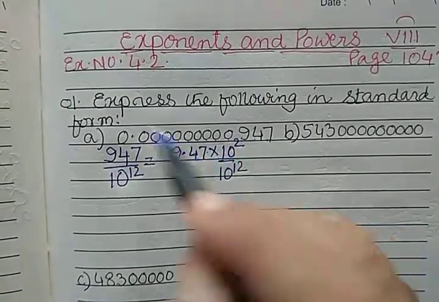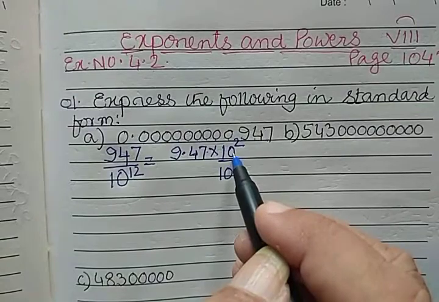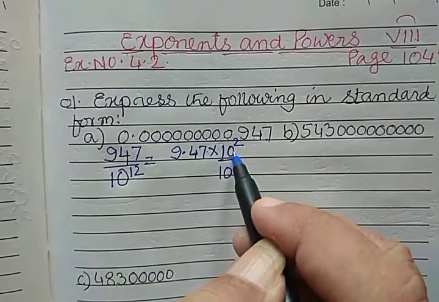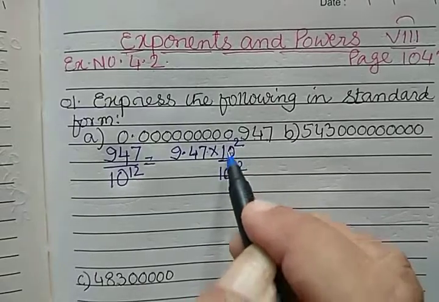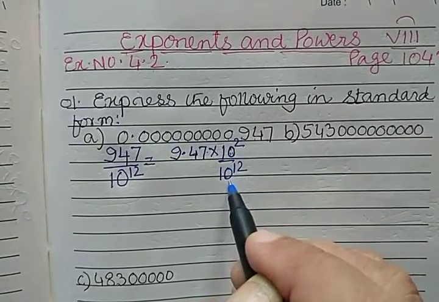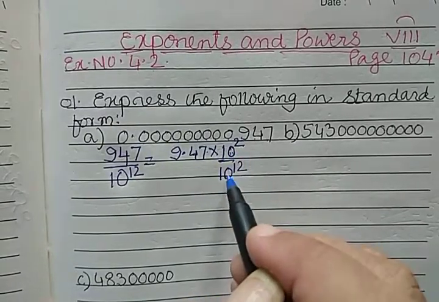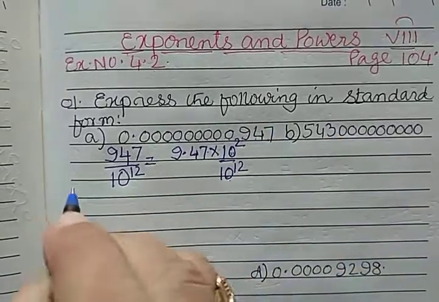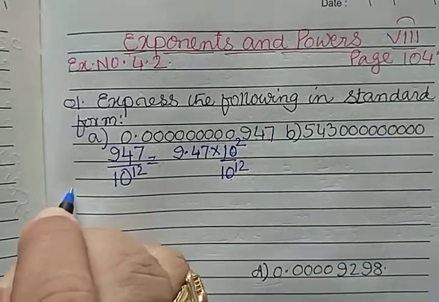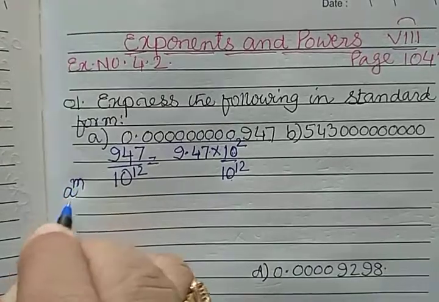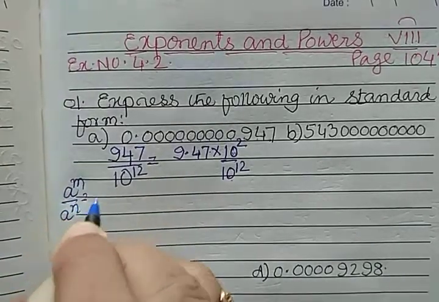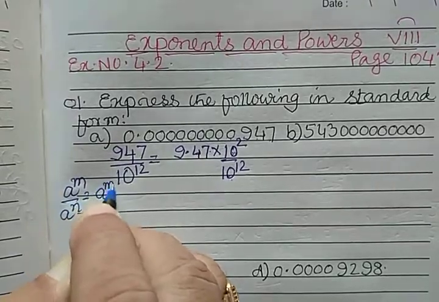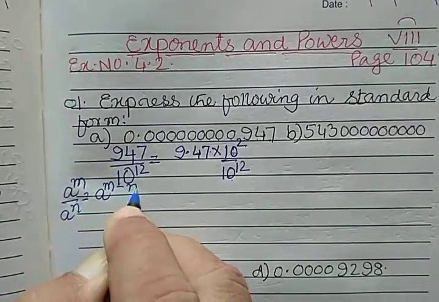So now you have the laws of exponents. Same base: 10 square by 10 to the power of 12. What formula do you use? a to the power of m by a to the power of n is equal to a to the power of m minus n.